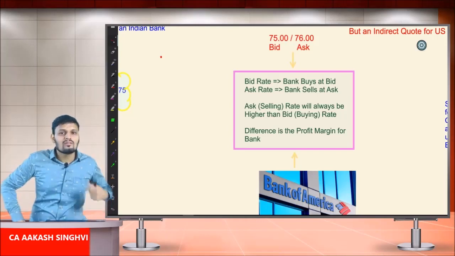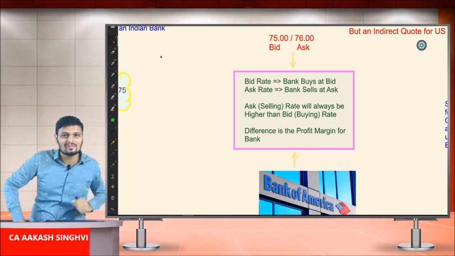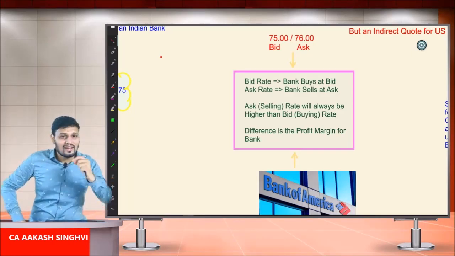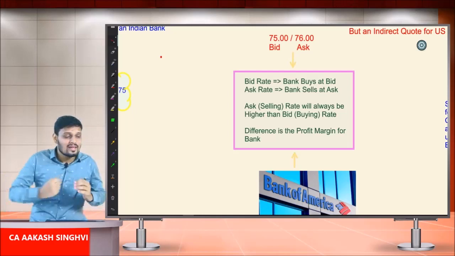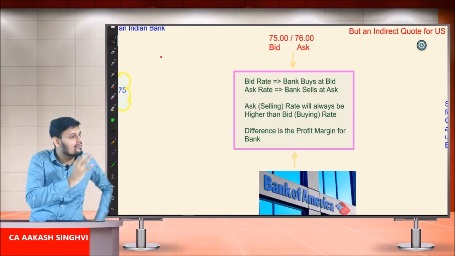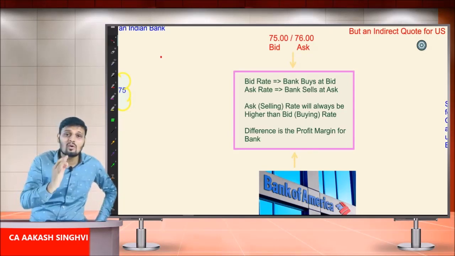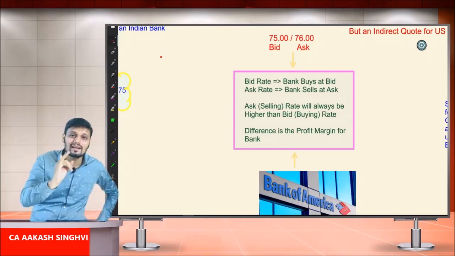Now, from an exporter point of view, I'm just asking you a question. Please try to reply immediately so that I'll let you know. From an exporter point of view, if he is selling dollar to the bank, what will be the rate quoted by bank? Bid rate, ask rate.